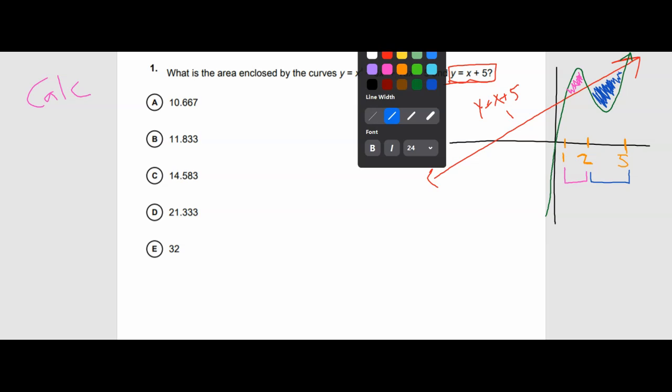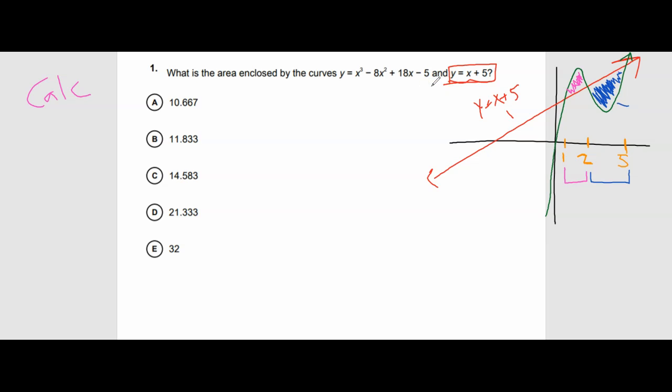Top for one of the intervals, and green, I'm not even going to write that out. I'm just going to box it in green. So red is our bottom for the first interval, 1 to 2. Green is our top, and then they switch for the second interval.